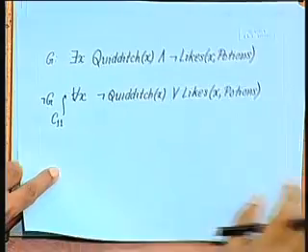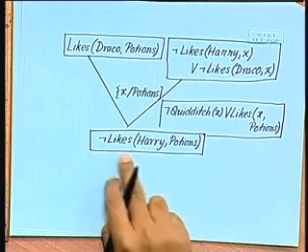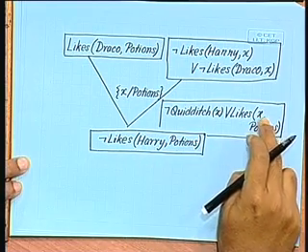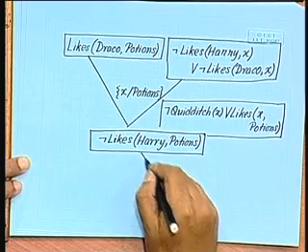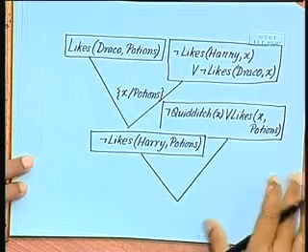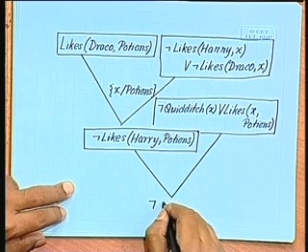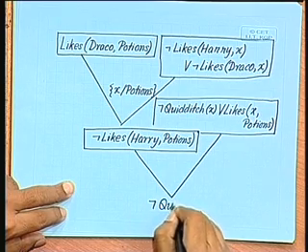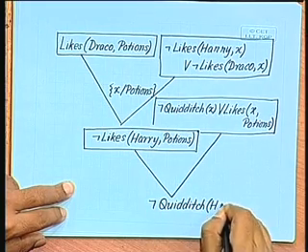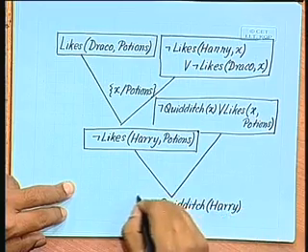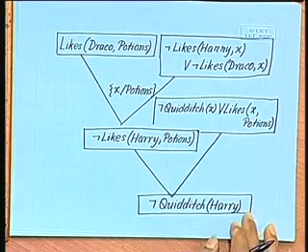Yes, this is the not of the goal. So, we use that clause with this, and again with X substituted by quotients, we will have unification between these two, and so with resolution we will get not Quidditch Harry.